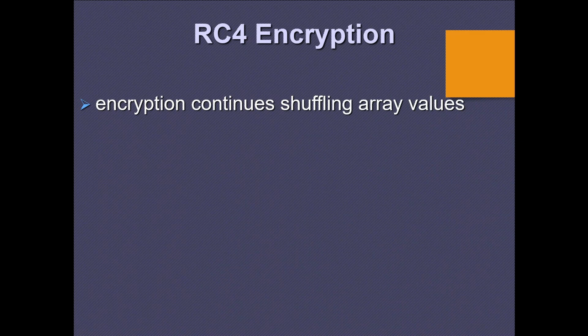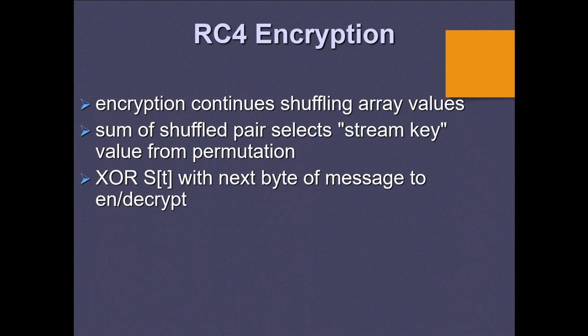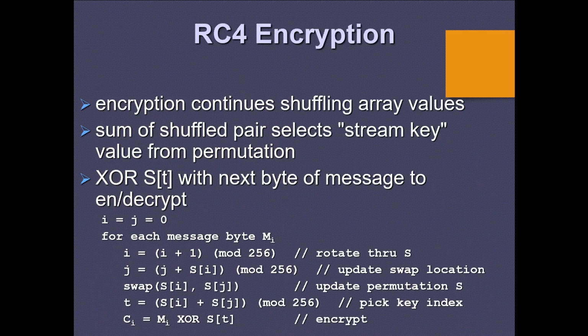Now, let us check how the encryption process is carried out in RC4. To form the stream key for encryption or decryption, RC4 continues to shuffle the permutation array S by continuously swapping each element in turn with some other entry.